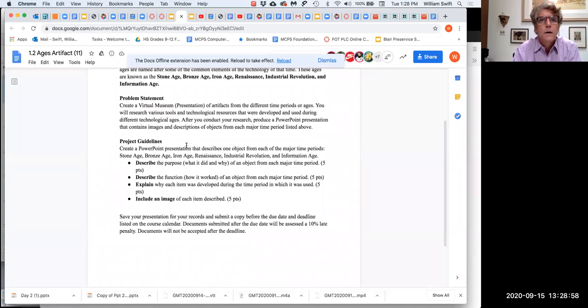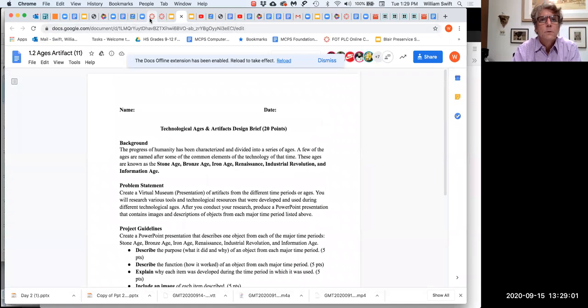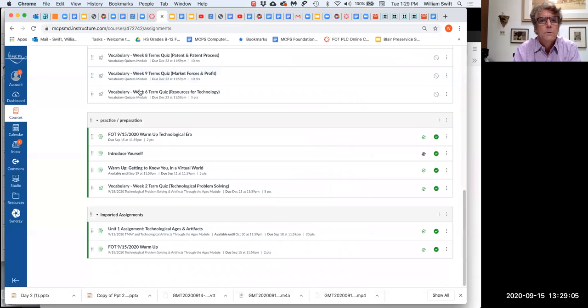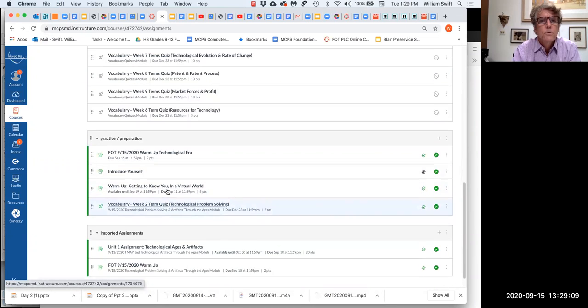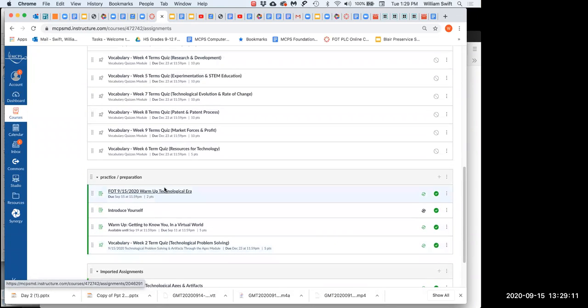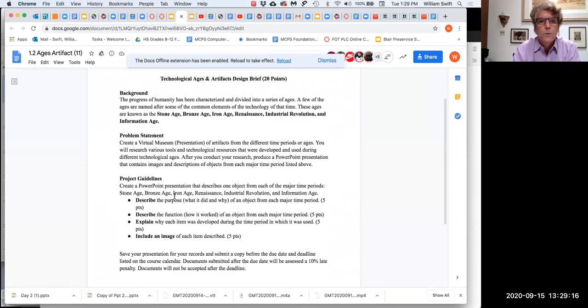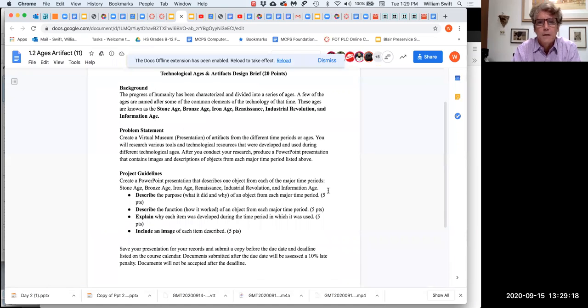Hang on, so right here. When you go into the module, hang on, that's not where I want to be. Oh, okay, I found it. But it's right here, and the rubric is basically the project guidelines.